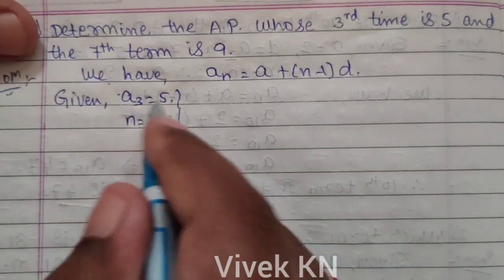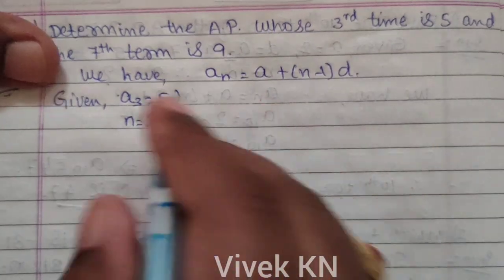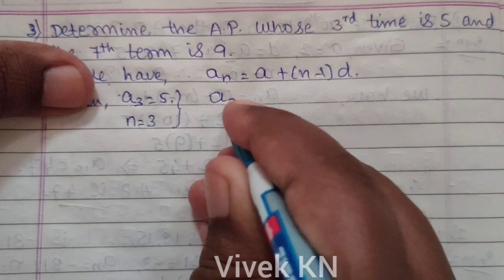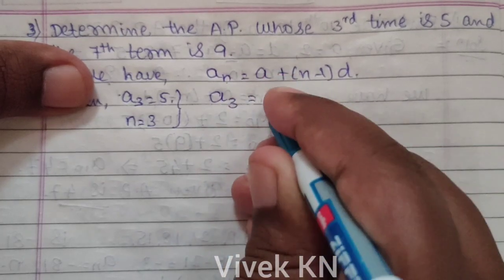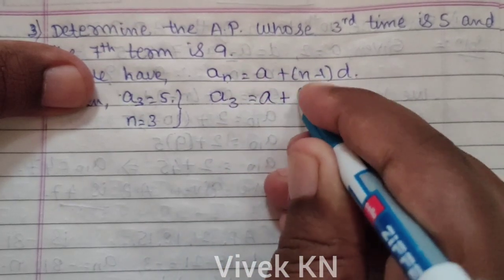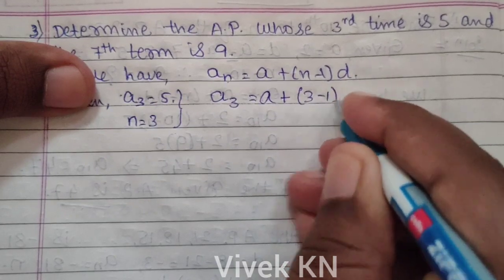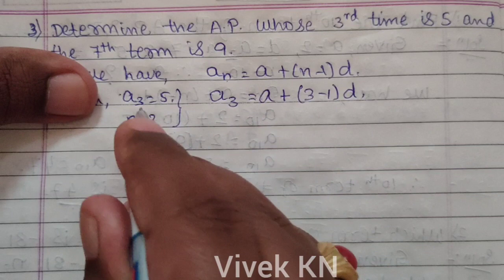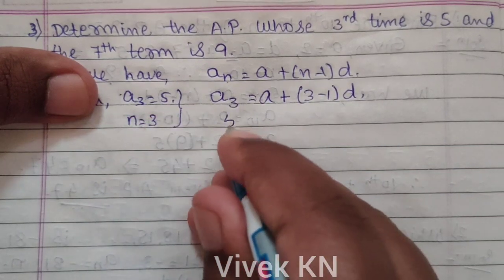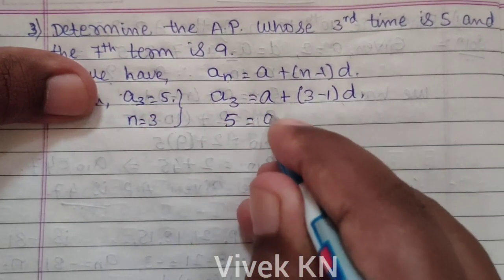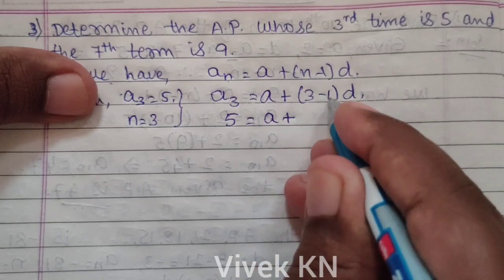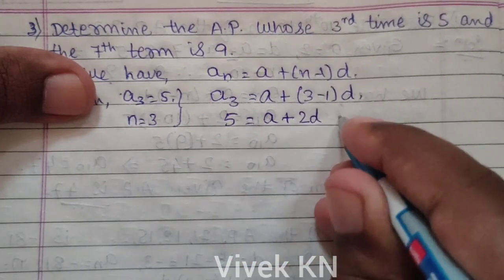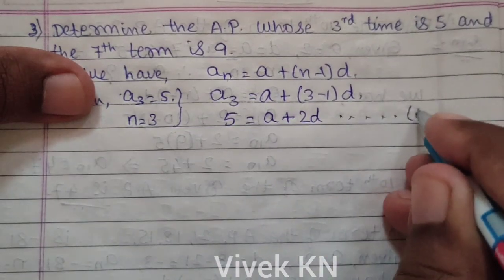So substituting these values in this formula, we get, n value is 3, a3 is equal to a plus 3 minus 1 into d. What is the value of a3? 5. 5 is equal to a plus 3 minus 1 is 2, 2 into d, 2d. This is equation 1.